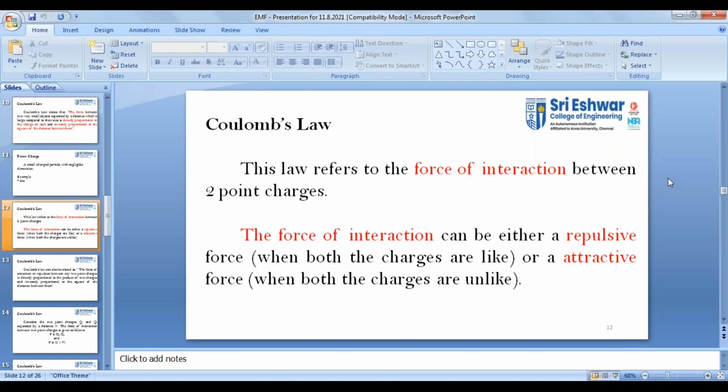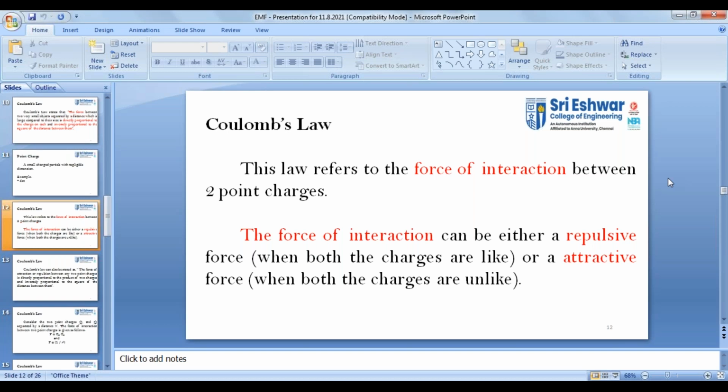This particular force of interaction can be either a repulsive force or an attractive force. When the force of interaction is repulsive, you know already, like poles repel, unlike poles attract each other.